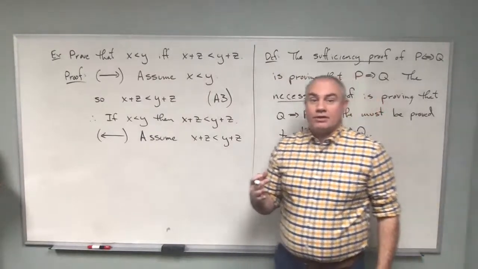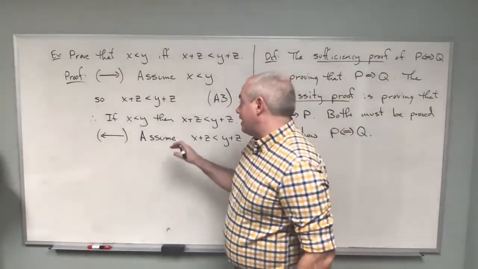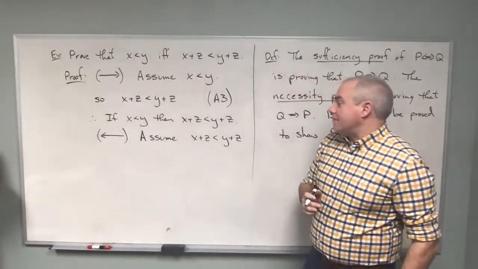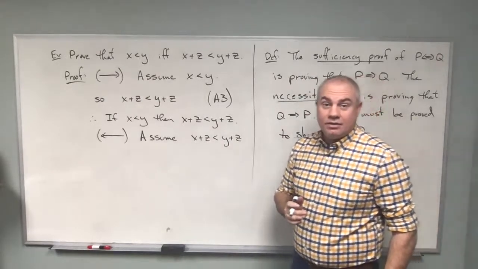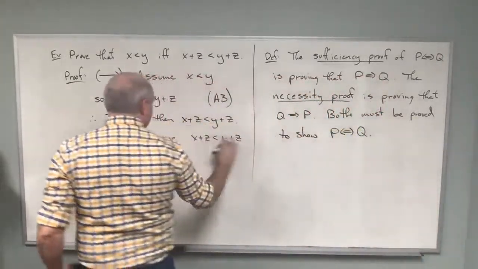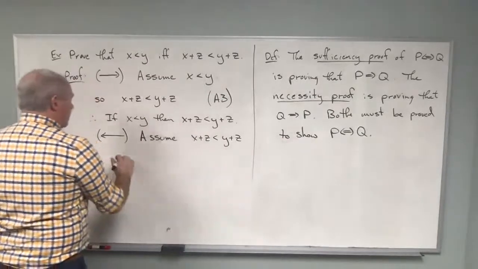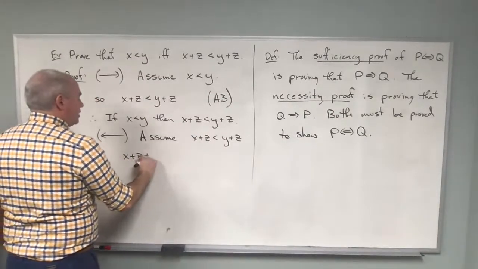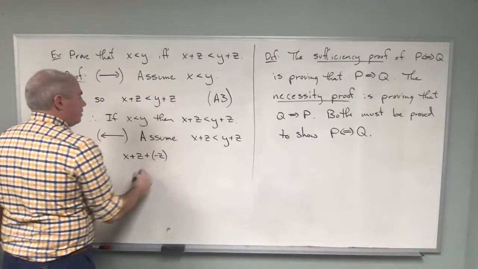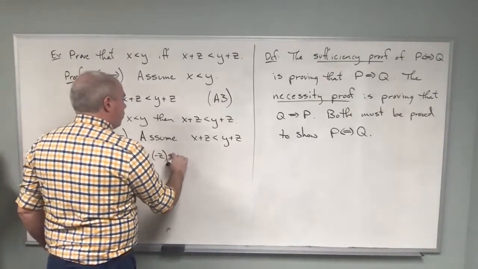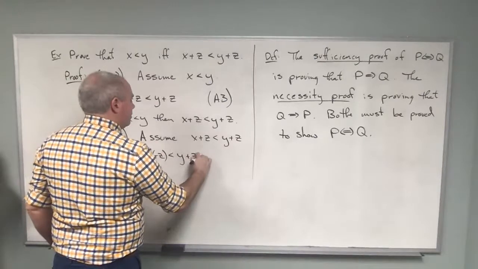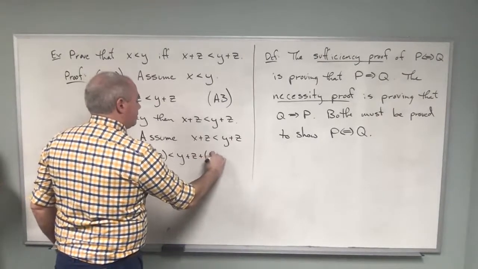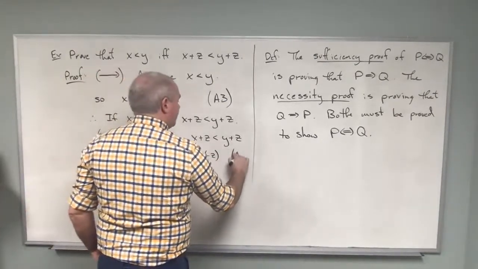So I'm going to go ahead and do that. So the thing that I'll choose to add to both sides of the equation maybe is negative z. Okay, so if I add a negative z to both sides of the equation, I get that x plus z plus a negative z is less than y plus z plus a negative z by A3.